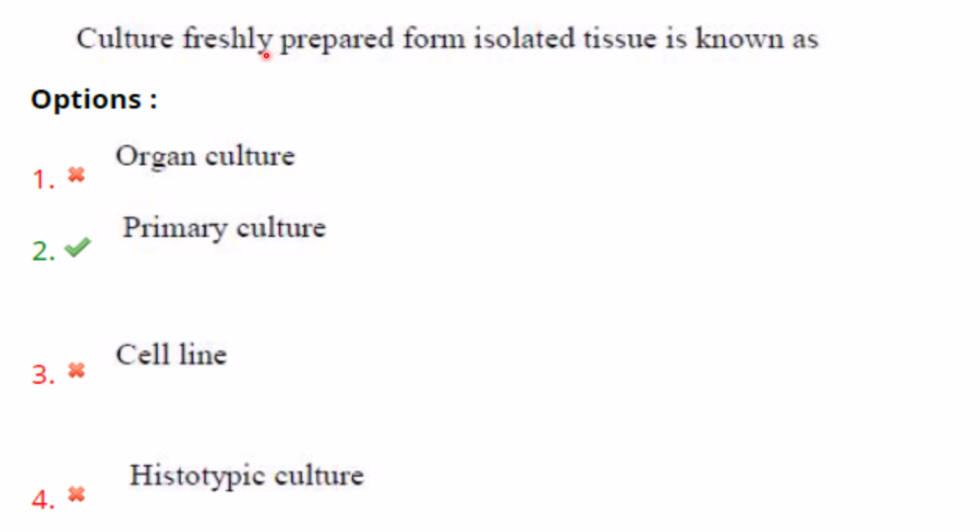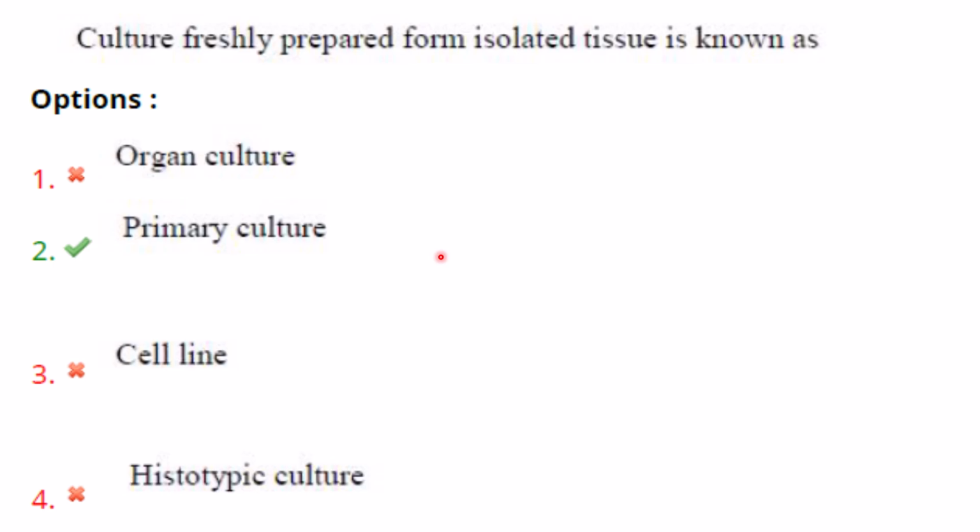Then the next one. Culture freshly prepared from isolated tissue is known as primary culture. So primary culture means suppose you want to have the primary culture of the liver cells of a rat. You take the rat, then dissect it, and isolate the liver.